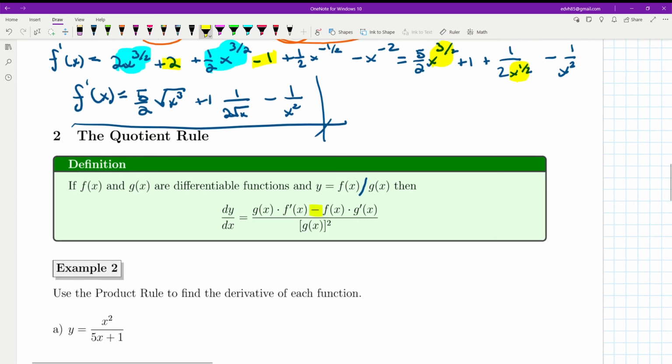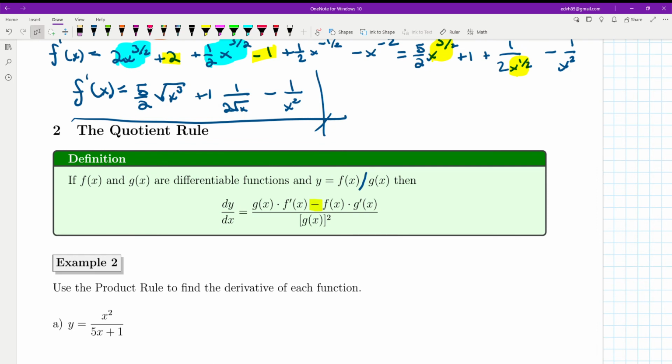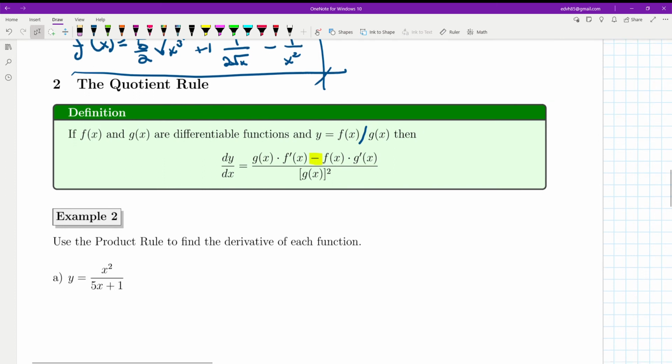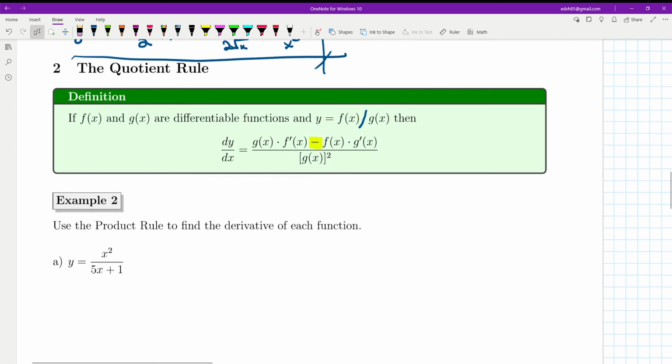Because if you do it the reverse way, you will actually get an incorrect answer. So to differentiate a quotient, what we do is take the derivative of the first function times the second, minus the derivative of the second times the first one.